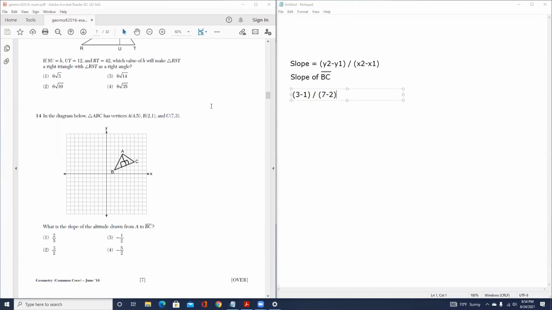Plugging that in, y2 is equal to 3 from C, y1 is equal to 1 from B, x2 is equal to 7 from C, and x1 is equal to 2 from B. Plug that in, and you get that the slope is equal to 2/5. So that makes the slope of the altitude equal to -5/2, and that makes the correct answer choice 4.